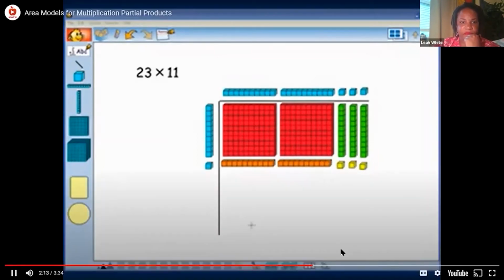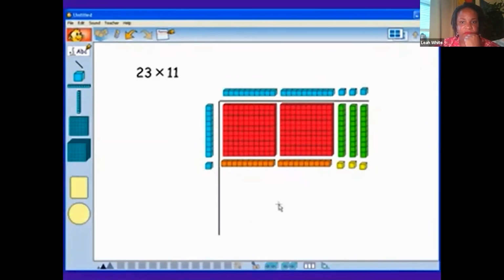Now let's find our solution. In red, we have 10 times 20, or 200. In green, we have 10 times 3, or 30. In orange, we have 1 times 20, which is 20. And in yellow, 1 times 3, which is 3.